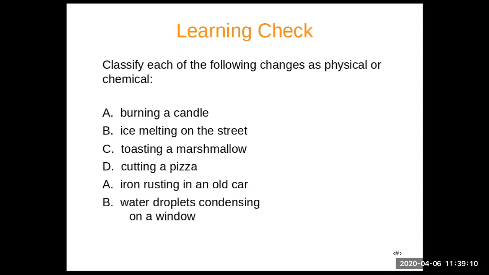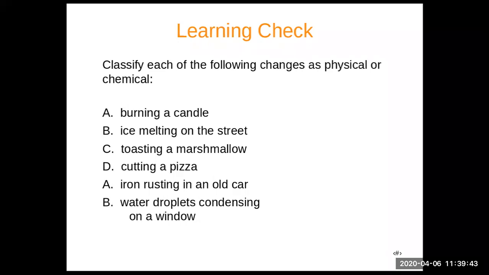And that you can scrape. It becomes pieces that you can remove. So it's not holding in one piece like iron would do. So iron rusting in an old car, when you have the rust, it's not iron anymore. It's a new substance that has a different color, that has different physical properties. So that's a chemical change.